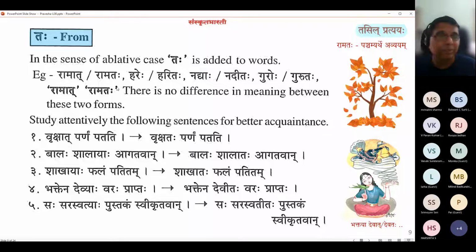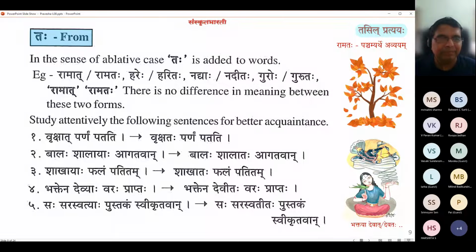So the beauty of this Taha addition is there is no worry whether it is Ikaranta, Ukaranta, Akaranta, no worry whether it's Pullinga, Strilinga, Napumsakalinga. It's very easy to add it to most Pratipadikas just like that. So Pushpam, Pushpataha, Ramaha, Ramataha, Sita, Sitataha. So Akarantatva is retained.